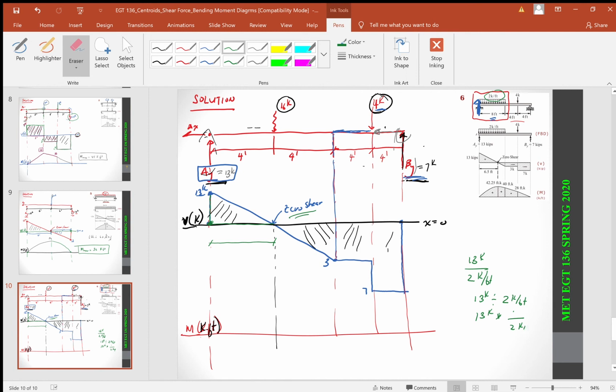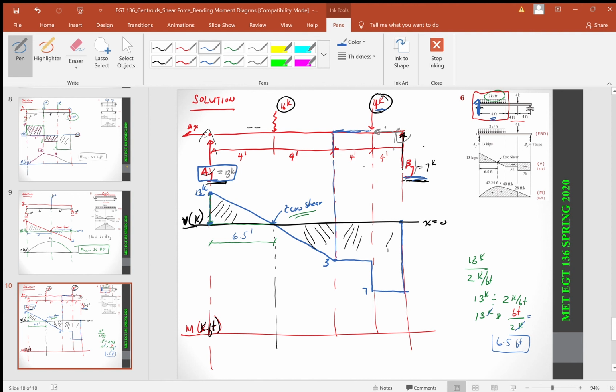The kips cancel out, and I'm left with 6.5 feet. So from here to here is 6.5 feet.